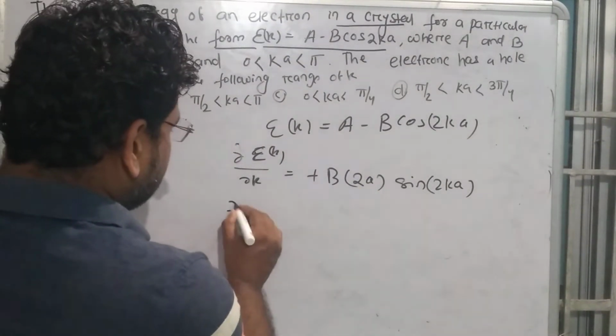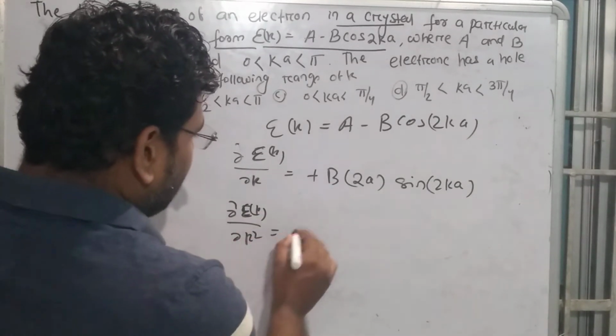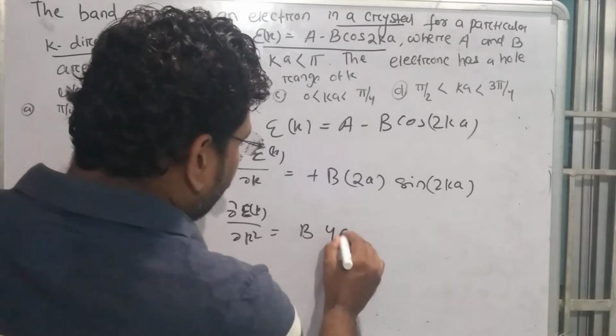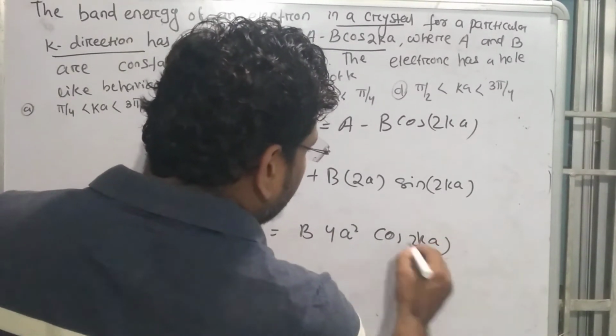Again, if you take the second derivative, this will be B times 4a square times cos 2Ka.